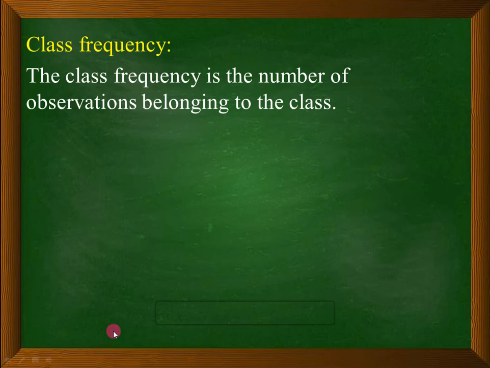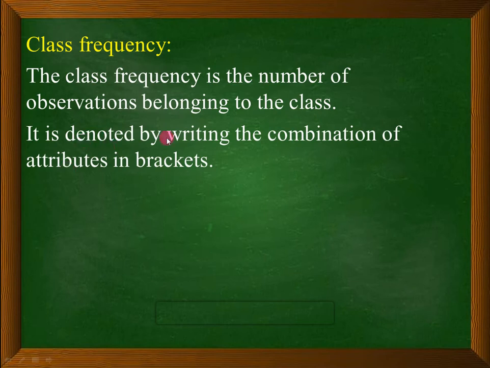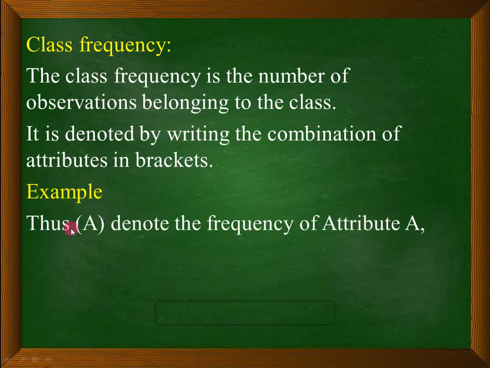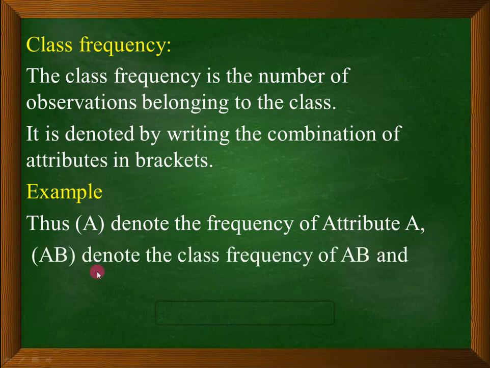Class frequency. Class frequency is the number of observations belonging to the class. It is denoted by writing the combination of attributes in brackets. For example, bracketed A denote the frequency of class A. Bracketed AB denote the frequency of the class AB.